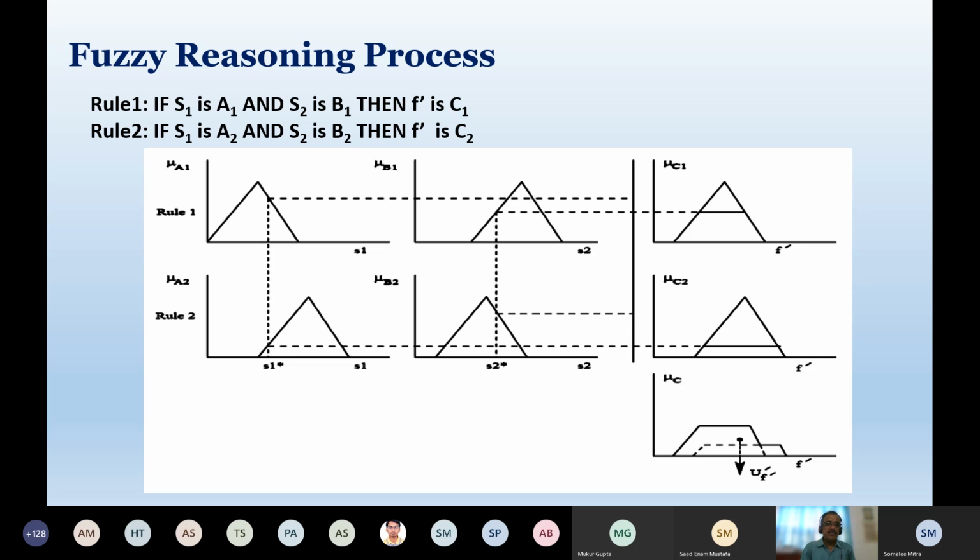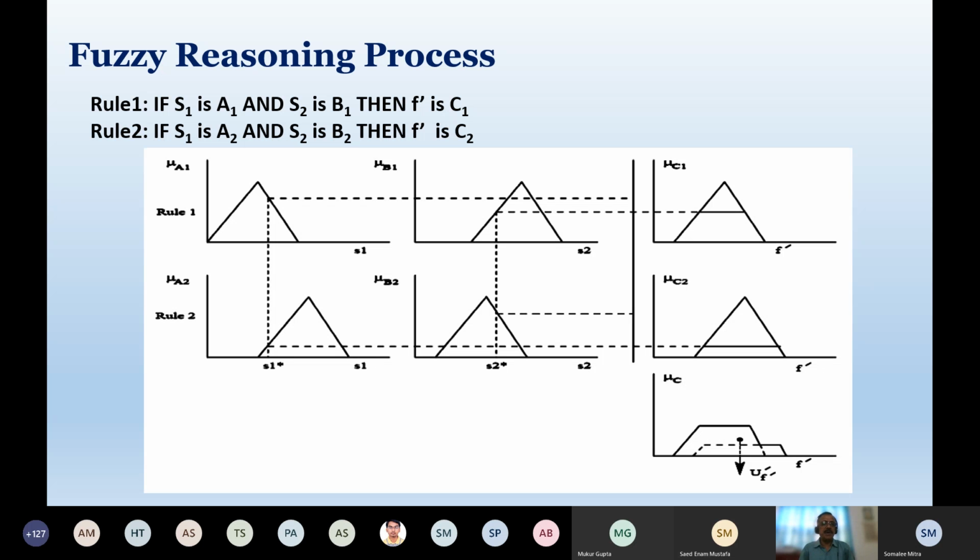The second fired rule: if S1 is A2, this is the membership function distribution for A2, and S2 is B2, this is the membership function distribution for B2, then F prime is C2, this is the membership function distribution for C2. So this is the second fired rule.